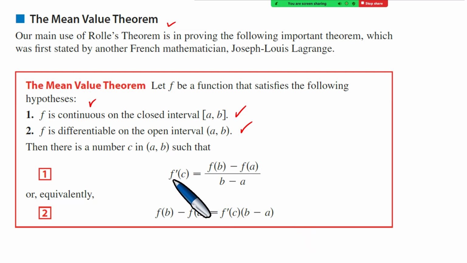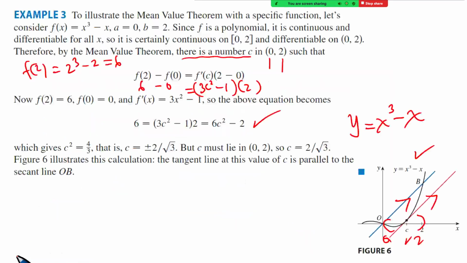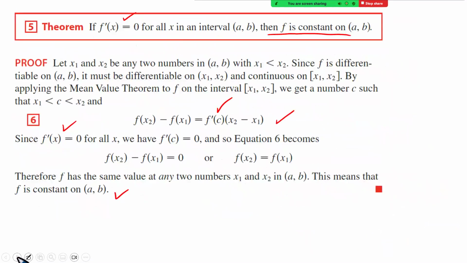They are the hypotheses: the function must satisfy continuity on the closed interval and differentiability on the open interval. And then we find the numbers in the open interval. So let's get started right now.